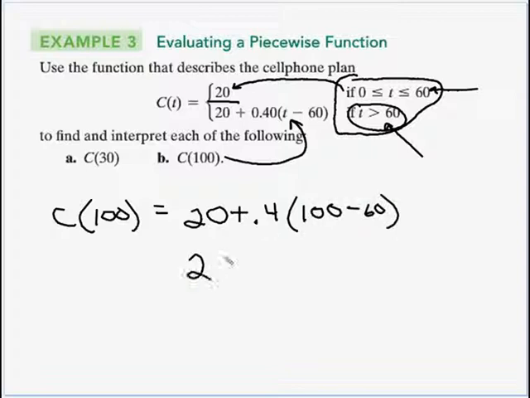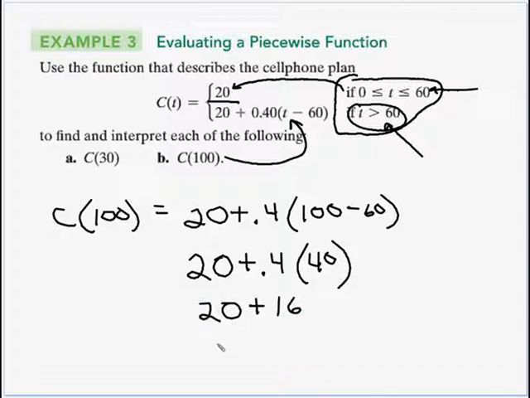Order of operations says work within the parentheses first. 100 minus 60 is 40. Next would be multiplication. 0.4 times 40 is 16. 20 plus 16 is 36. So that would be our cell phone bill for those minutes. Pretty expensive. 100 minutes, 36 bucks.